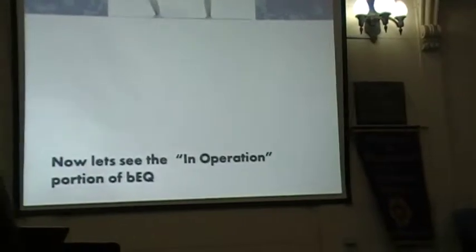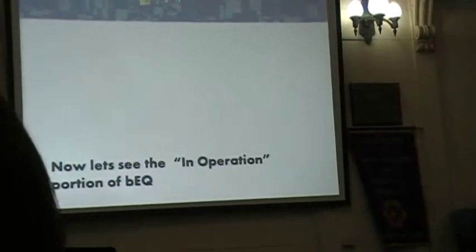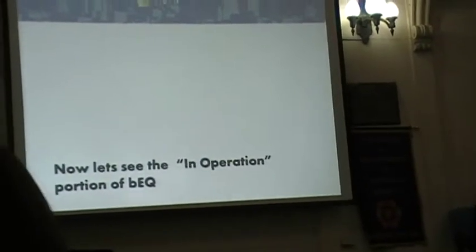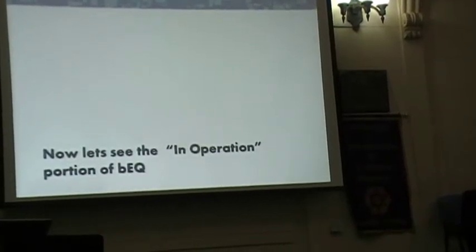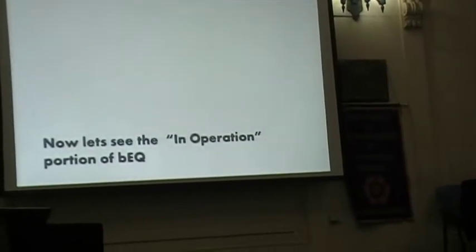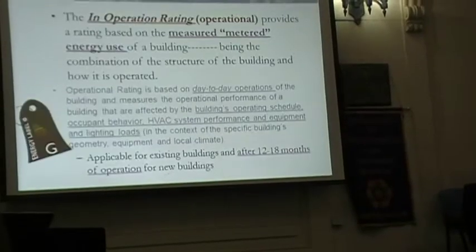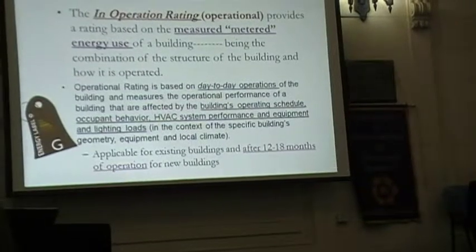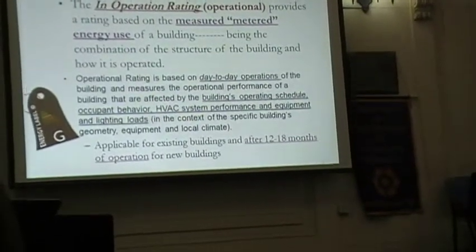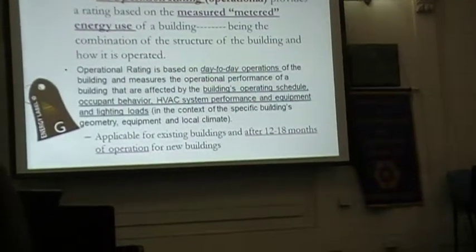So now, that's as design, right? That's the design of the building when it first gets building construction and up to 12 months. Now we'll talk about the in-operation rating. The in-operation rating provides the rating based on the measured, metered energy use of that building.